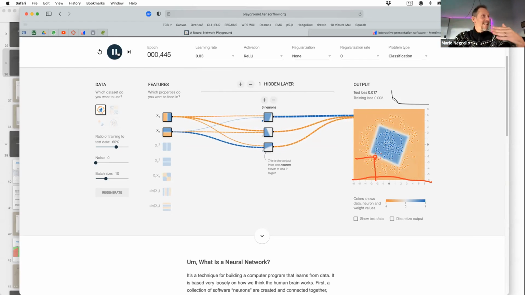So the idea that one or two input neurons and one output neuron are creating a boundary will be the case no matter how many of these arrangements you have. So you're creating linear boundaries whenever you have inputs and a single output in a single layer.